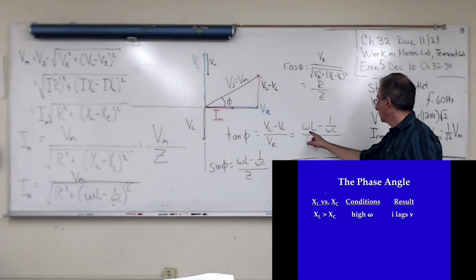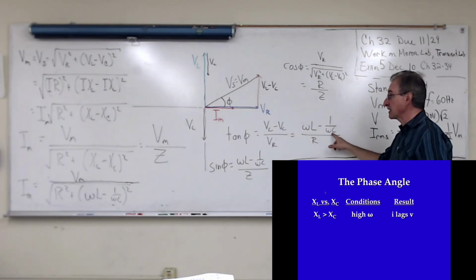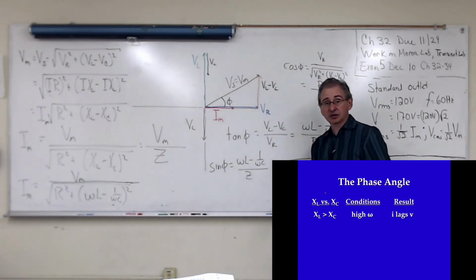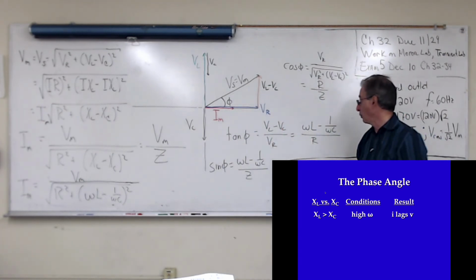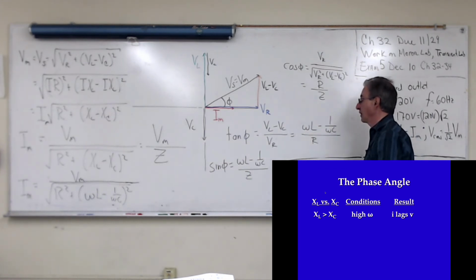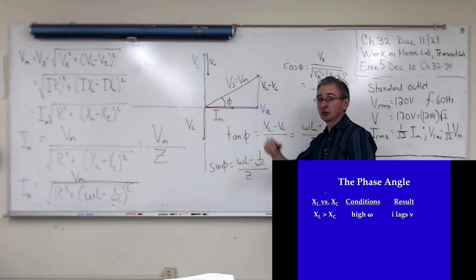So when the inductive reactance is bigger than the capacitive reactance, the current is going to be behind the power supply voltage. However, when the capacitive reactance is bigger than the inductive reactance, then the voltage will be behind the current.